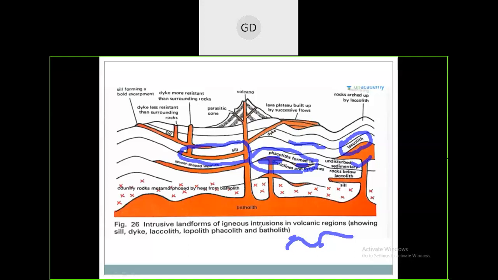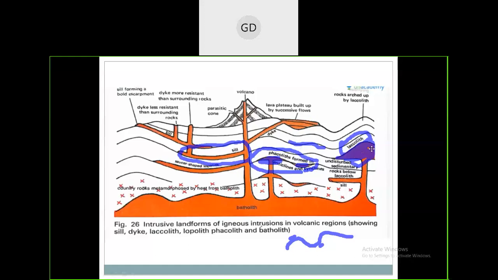It looks like a dome, a dome-like structure, and the igneous mass has a concave base. Also you can see the magma gets filled up like a heap. A dome-like structure is forming, so that is known as your laccolith.